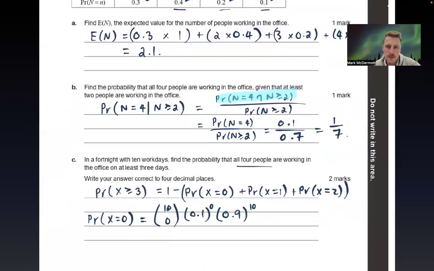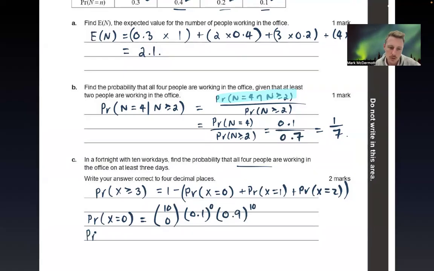Because out of the 10 days, we want none of them. And the probability of success of having all 4 people there is 0.1.